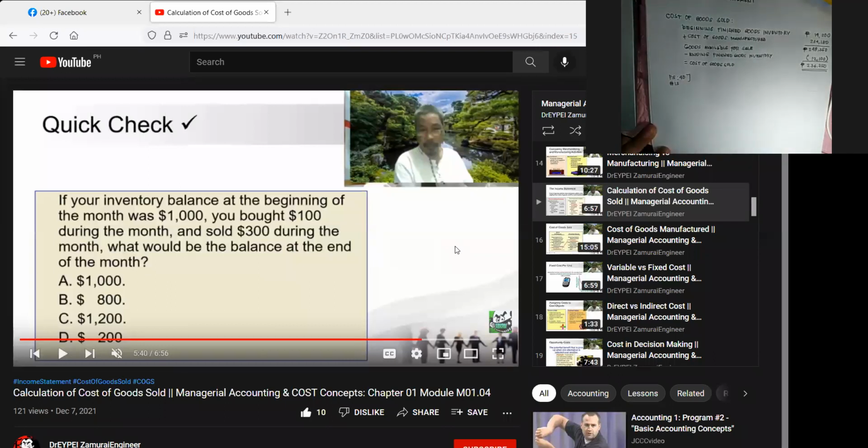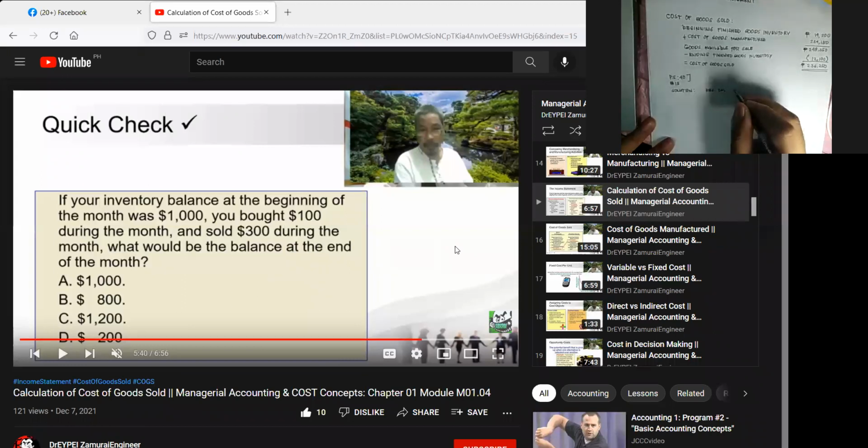So, solution. How to solve this? What are the given? Beginning balance is equal to 1,000.